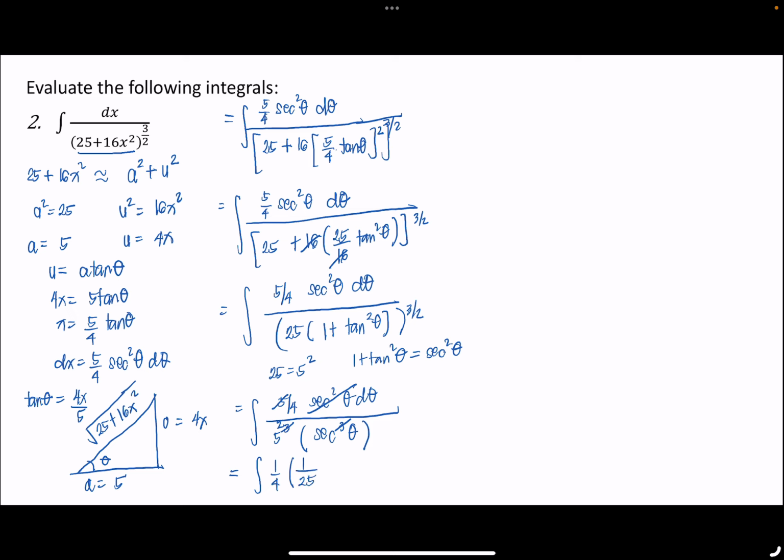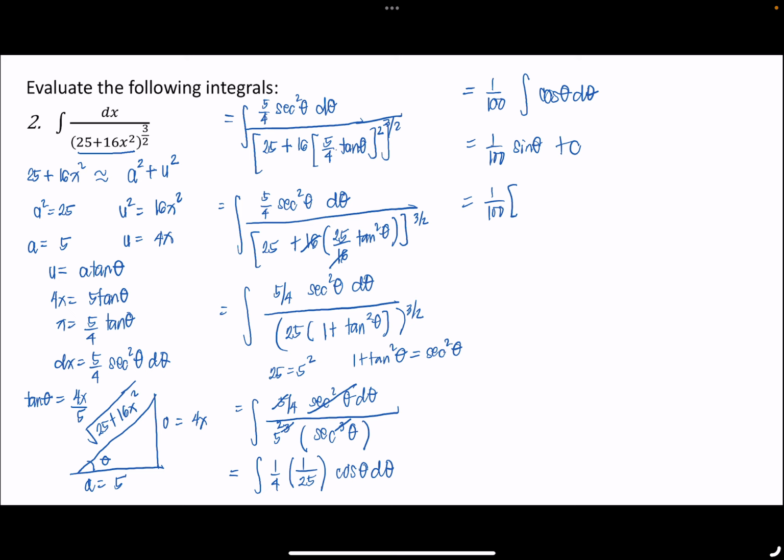So this would be the integral of 1/4 times 1 over 25, 1 over secant. So 1 over secant is cosine theta d theta. So that would be 1 over 100 integral of cosine theta d theta. The integral of cosine theta d theta is sine theta plus c. So we have 1 over 100, and sine is opposite over hypotenuse.